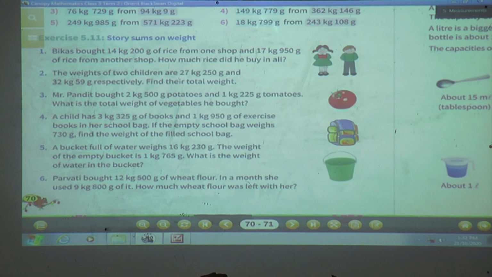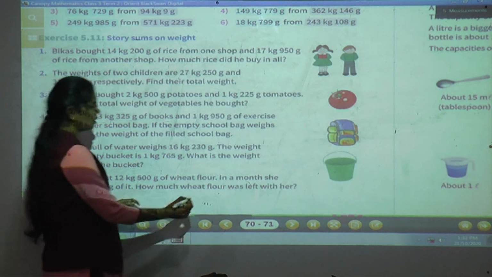Parvati bought 12 kg 500 gram of wheat flour. Initially, she bought 12 kg 500 gram of wheat flour. Out of that 12 kg 500 gram, she used 9 kg 800 gram. And the question is, how much wheat flour was left with her?